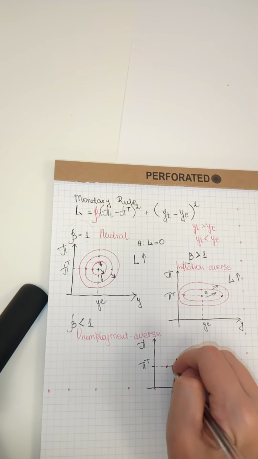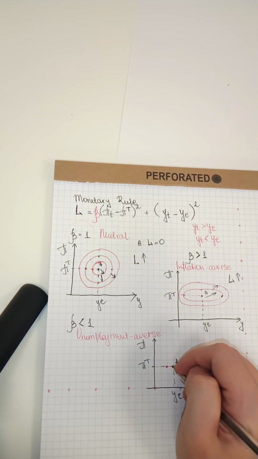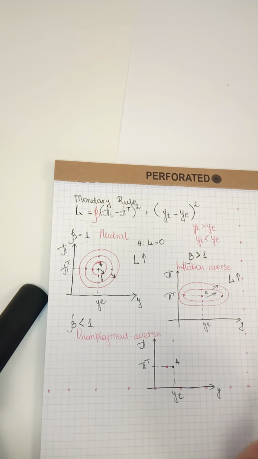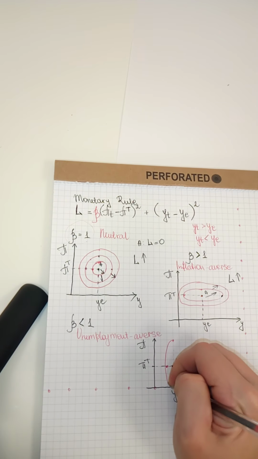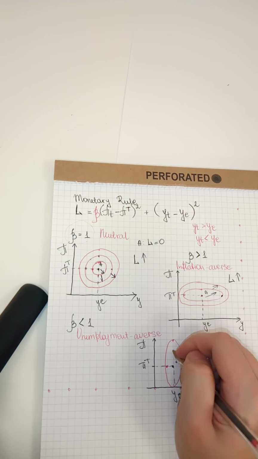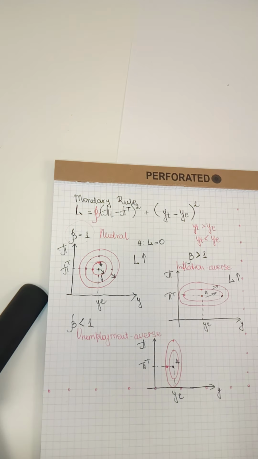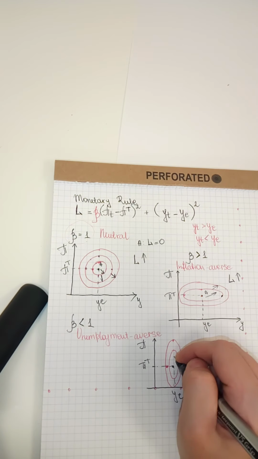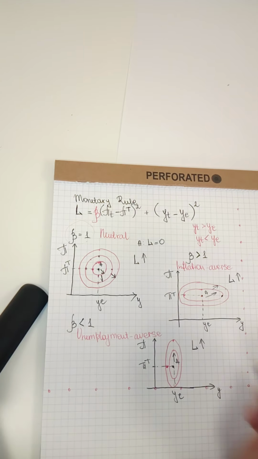So this is equivalently good or equivalently bad as having the same level of output, but big deviation in terms of inflation. So in this case, those circles will look in this way. And again, when we move from inner to outer circle, losses of the central bank will increase.